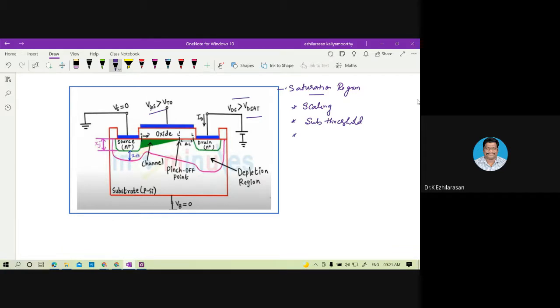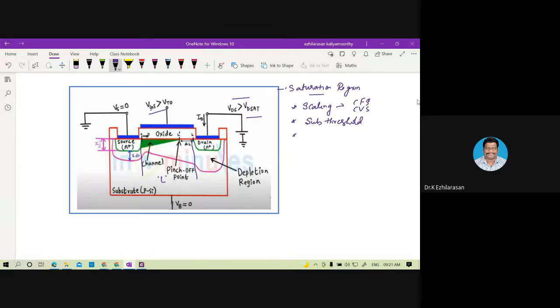Later we'll study. We have two scalings: one is constant field scaling, the second is constant voltage scaling. With the help of these two, we can perform the scaling. In the sense, we can change the parameters because L is changing; this complete portion is your L.